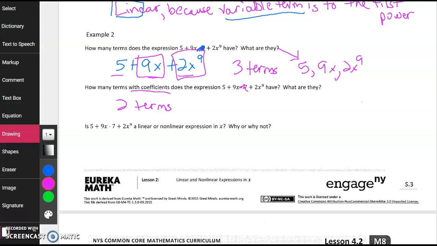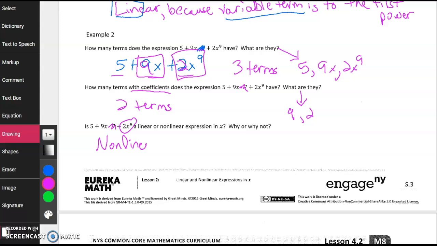What are the coefficients? They're just the number part, 9 and 2. They're just the number that is being multiplied. So it wants to know, is this a linear or nonlinear expression? Notice this variable term right here is to the 9th power. So we would say nonlinear.